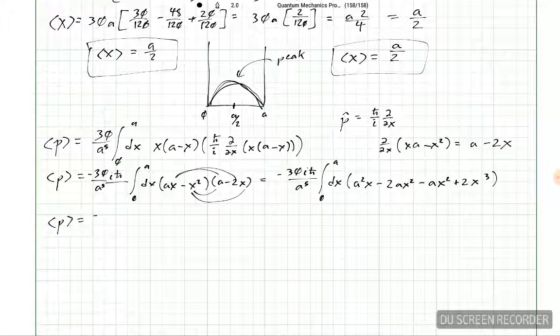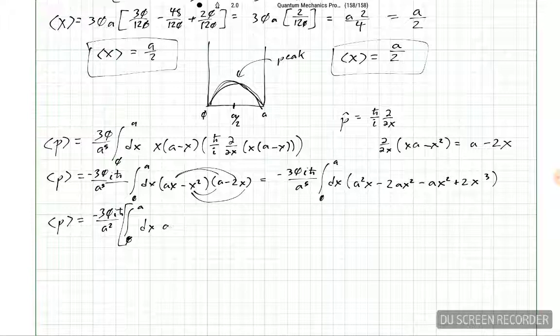Again, these are pretty easy integrals. I can go ahead and combine those middle terms, so that's just 3ax squared.